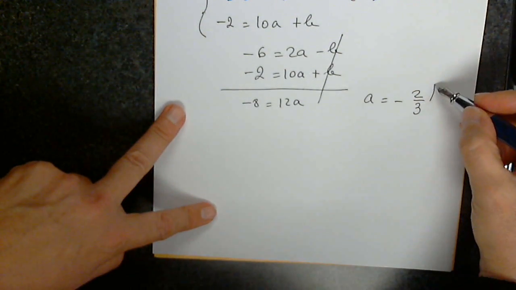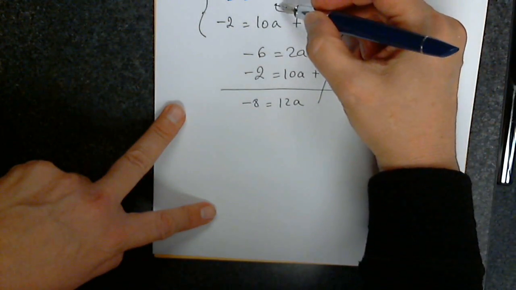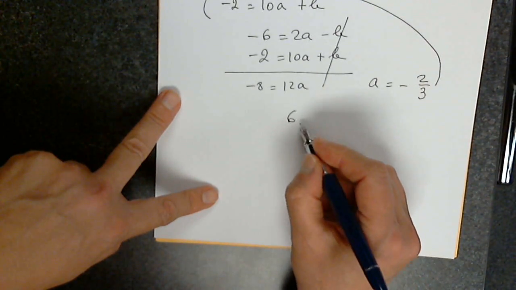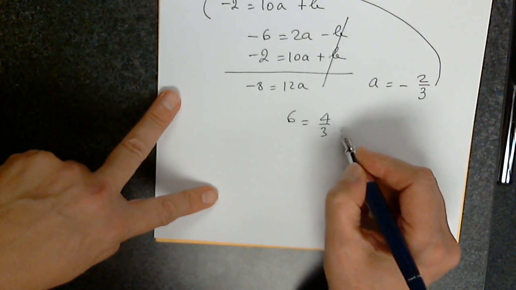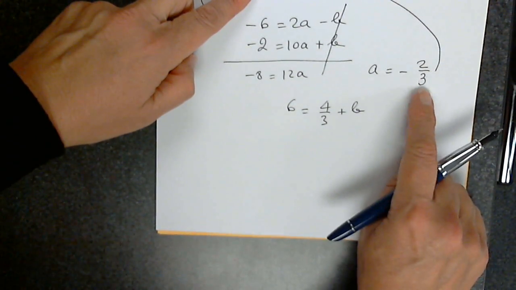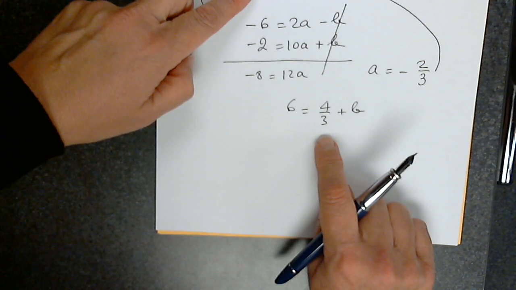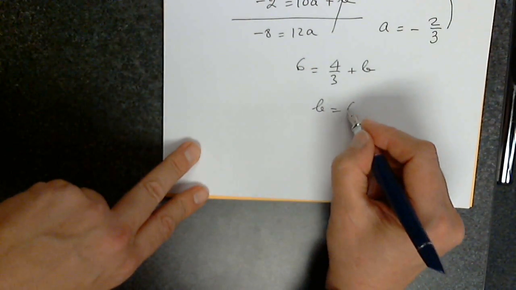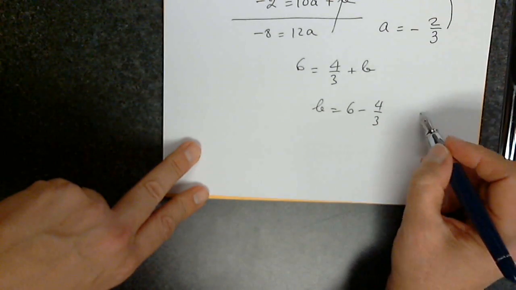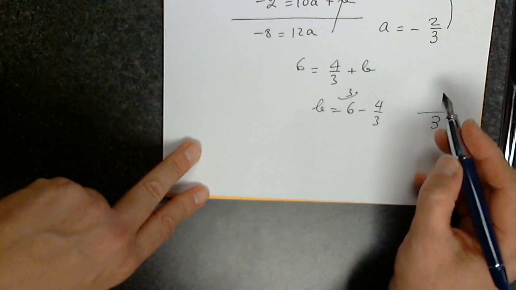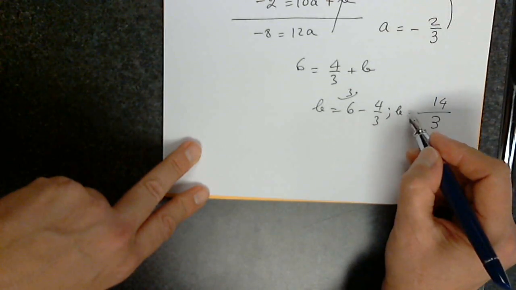Now I go back to find b. So 6 equals 4/3 plus b, because -2 times -2/3 is positive 4/3. So b equals 6 minus 4/3. The least common denominator is 3, so I have 18 minus 4, which is 14. So I found b.